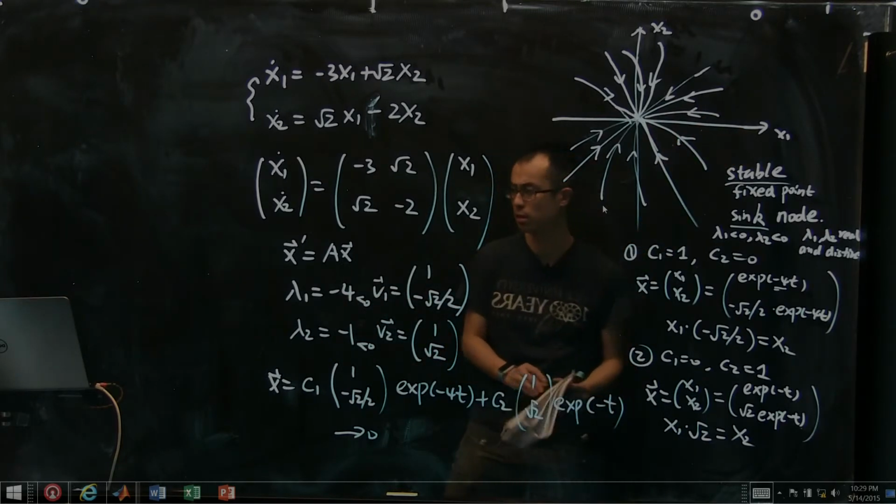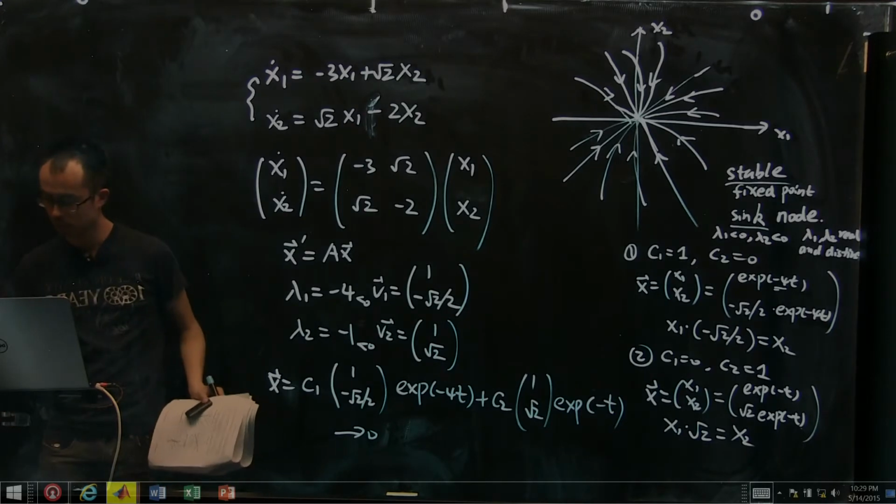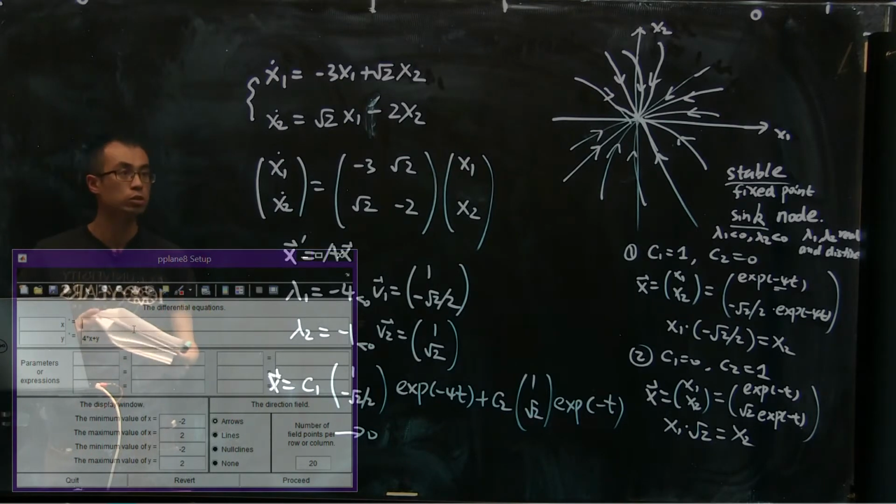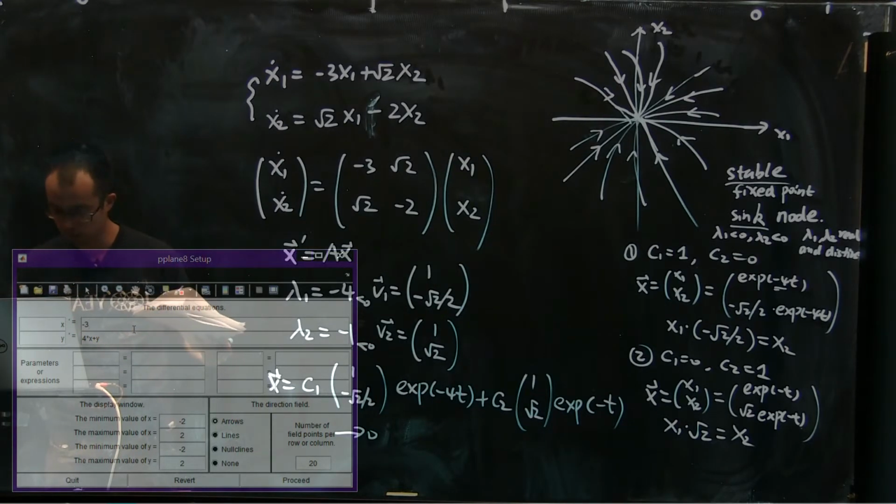So let's verify this in the PP plane. Hopefully I can get it. So the way that we can write it is (-3, SQRT of 2; SQRT 2, -2) times (x, y).